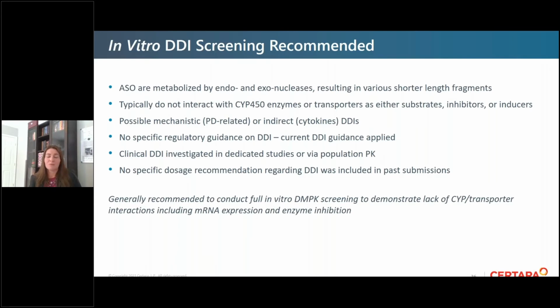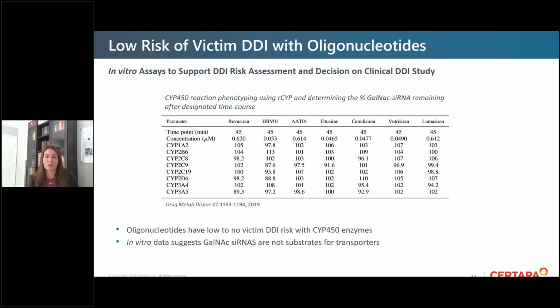So far, of the drugs that have been approved, all of them included some DDI assessments in vitro or in vivo, but there has been no specific dose change or recommendation of any dose change due to drug-drug interaction. In general, I think the in vitro studies for DDI are very simple and straightforward to run, and it is recommended that you collect that information to support your submission.